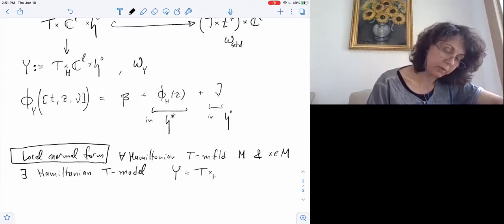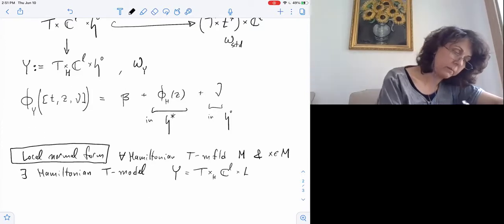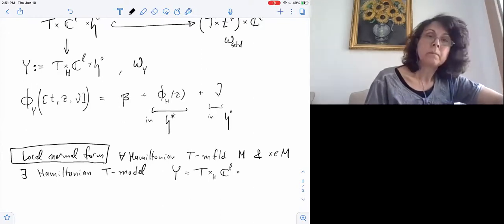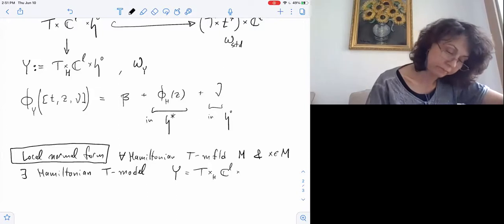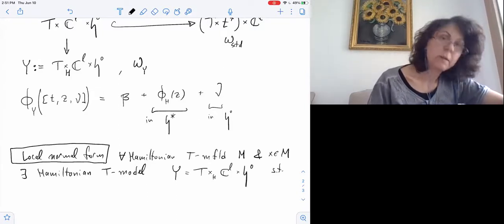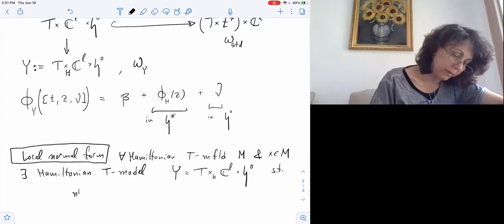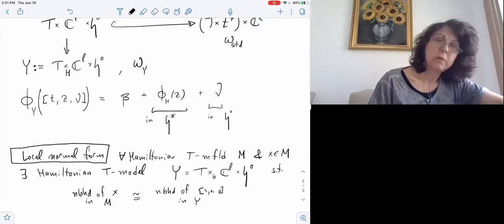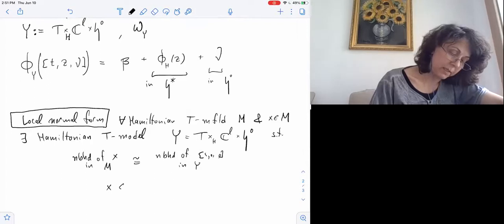So here's the T model, such that a neighborhood of x in the manifold is isomorphic to a neighborhood of the base point in the model through an isomorphism that takes x to the base point.